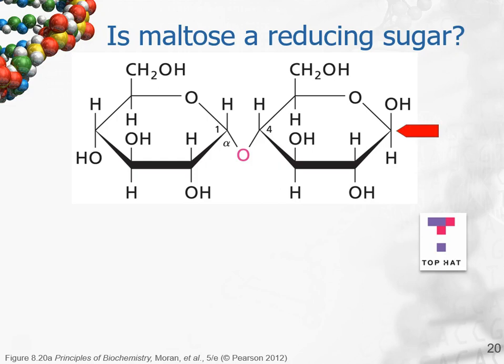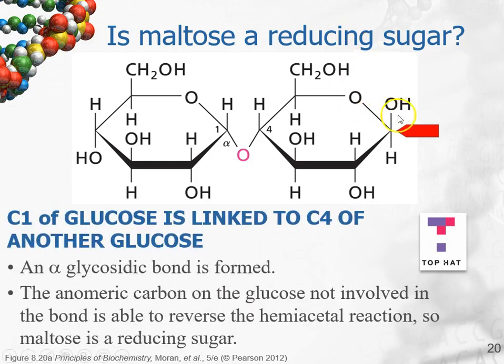You don't see one in this structure right here, but because this is carbon number 1, that's the anomeric carbon, you can actually open this up and get an aldehyde right here where I've indicated with the red arrow. You can't over here, because here the anomeric carbon is involved in this glycosidic bond. So this carbon number 1, that anomeric carbon is tied up. But this one can open up, it's not tied up. So maltose is a reducing sugar.